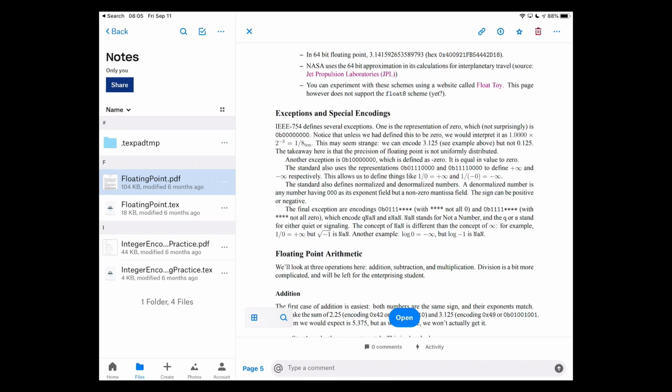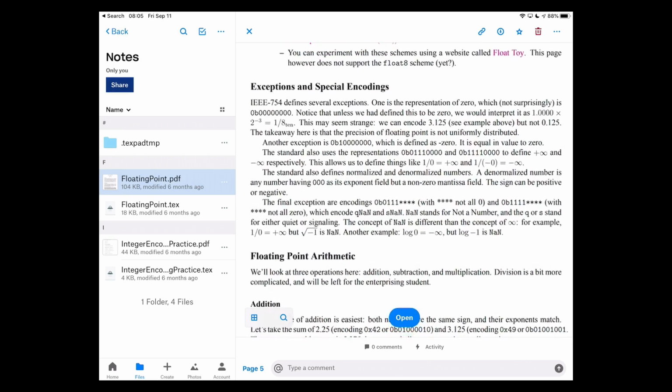Okay, so in the IEEE 754 standard, there are a couple of exceptional encodings, where they look funny and you wouldn't normally interpret them the usual way.